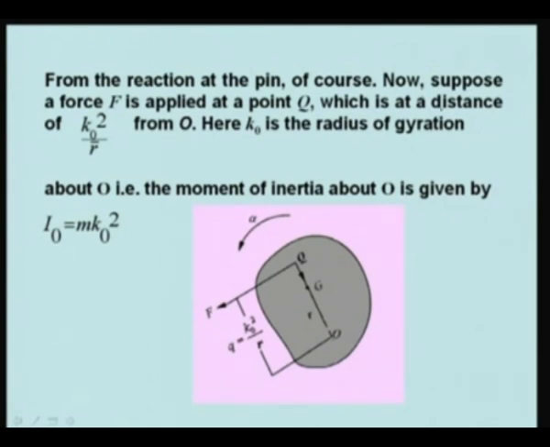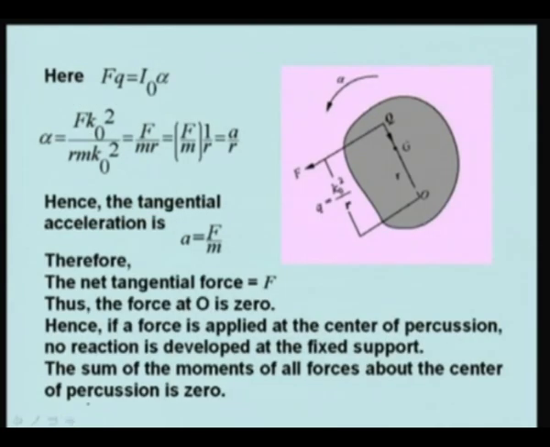Now suppose a force F is applied at a point Q, which is at a distance of K0 squared by R from O, instead of passing through G, where K0 is the radius of gyration about O, that is, the moment of inertia about O is given by I0 equal to m K0 squared.